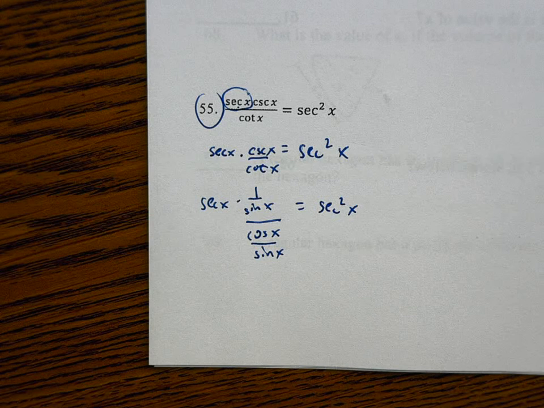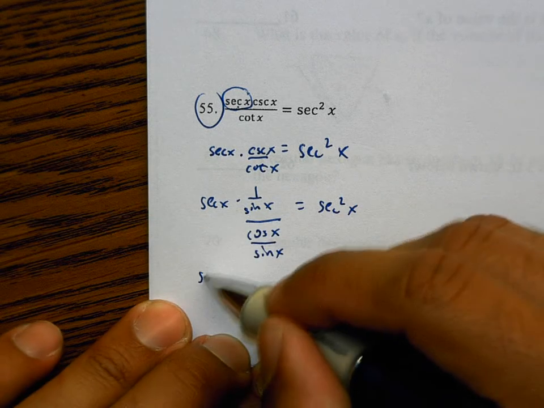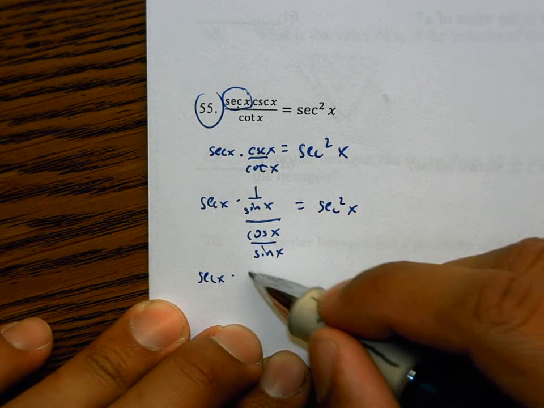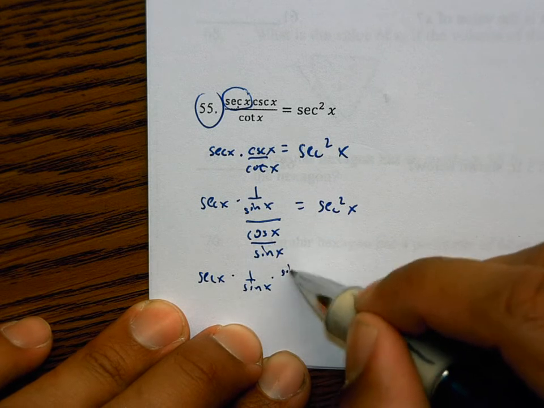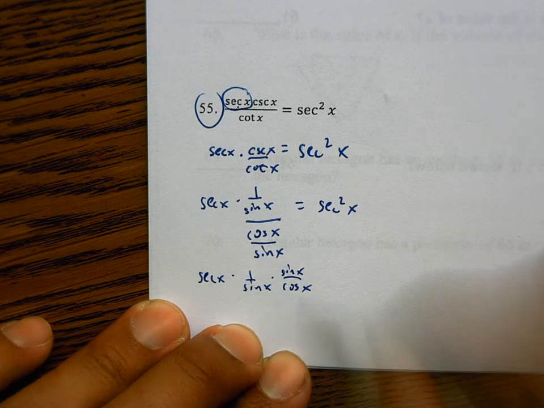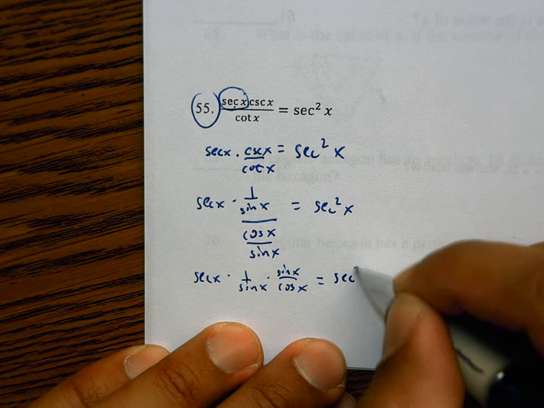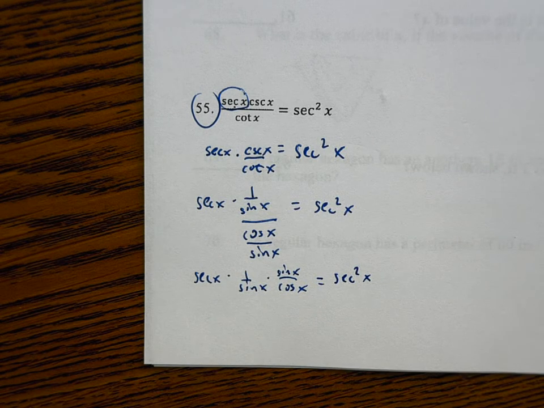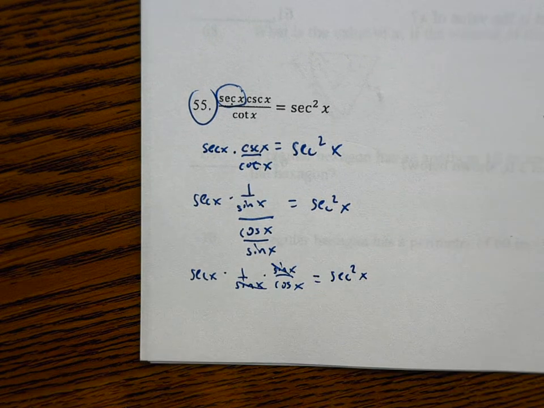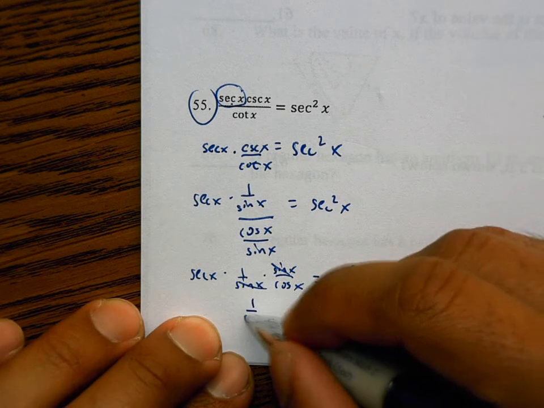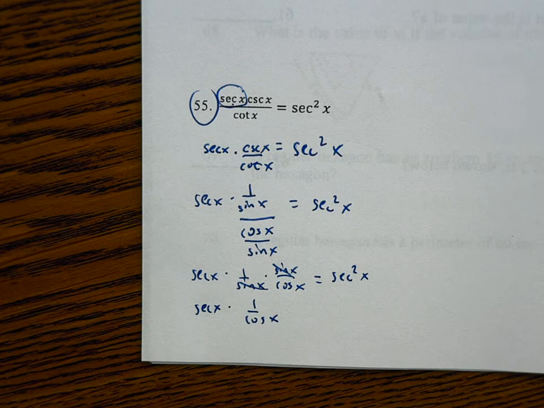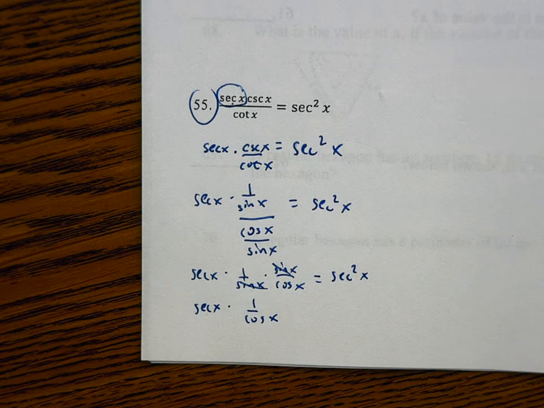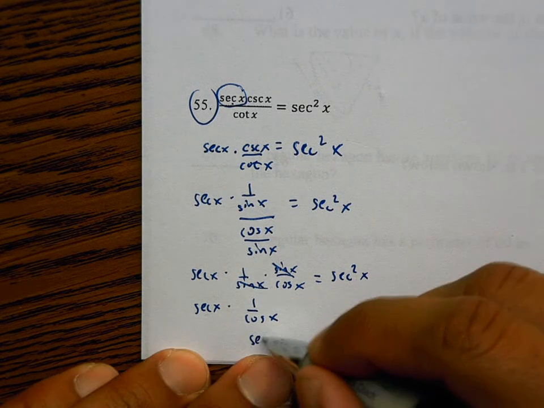Now I'm leaving this secant of x alone, and I have 1 over sine of x, but instead of dividing by this, I'm going to multiply by the reciprocal. And what I notice is that those two sines of x would reduce. And 1 over cosine is the same thing as secant of x.